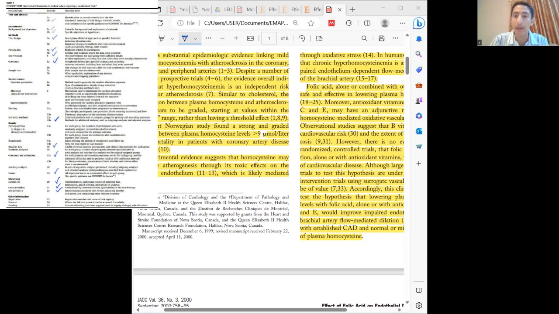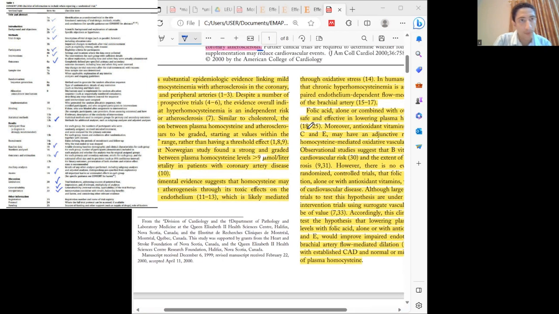So it's 2A. 2A is the scientific background and explanation of rationale. 2B.